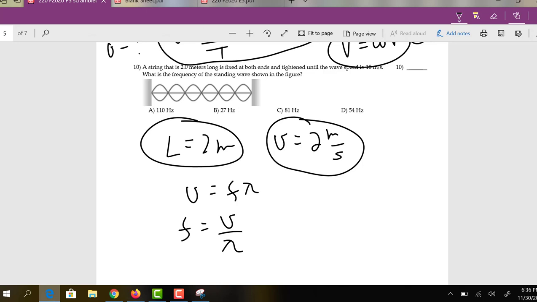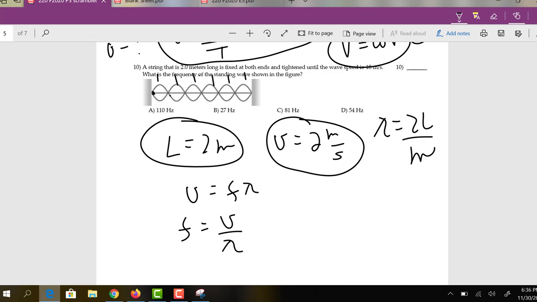I know the speed. I have the length. I don't quite have the wavelength yet. Remember, the wavelength is 2L divided by the mode. How do you get the mode? How many antinodes do you have? 1, 2, 3, 4, 5, 6. Remember, the mode is how many antinodes. Antinodes are the high spots. You always have one less antinode than nodes.